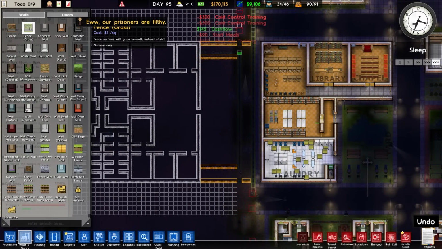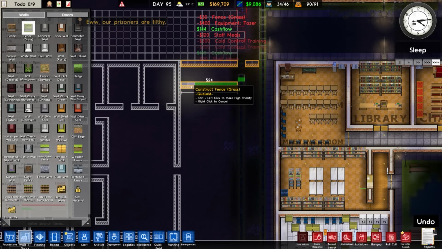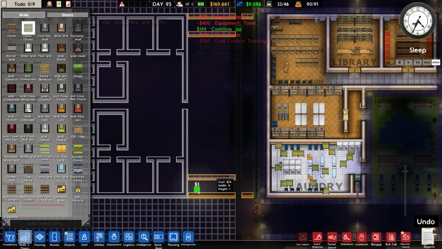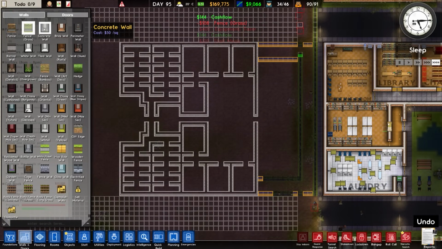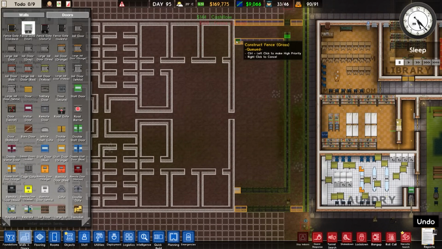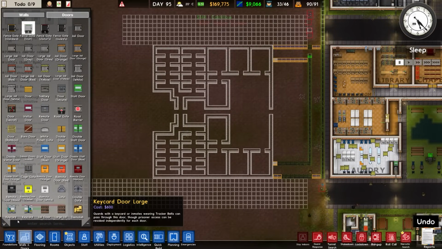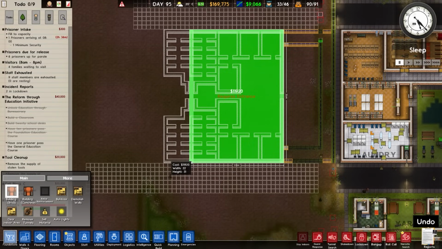Because, like I said, that's going to be a fence that goes around this area here. Which doesn't actually have a door, and I'm very aware of that. So what I will do is have a staff fence there and there to allow them access to it. And building brick. Here we go.